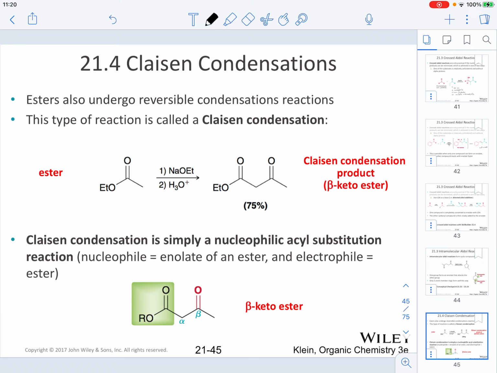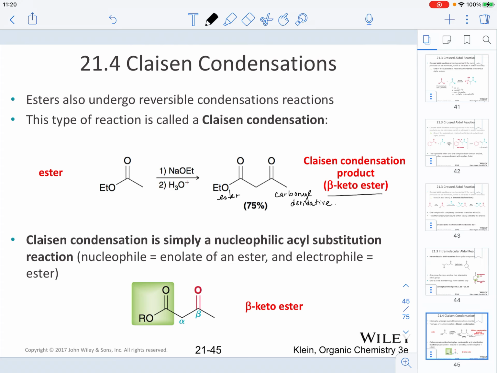So when we have an ester reacting with itself, followed by an acidic workup, as you can see, you're going to form a dicarbonyl system in essence, in which one side is an ester and the other one is going to have a carbonyl derivative. And as you can see in this example, we have a ketone. That's why this compound is called a beta keto ester.